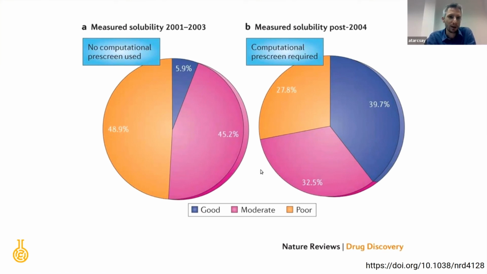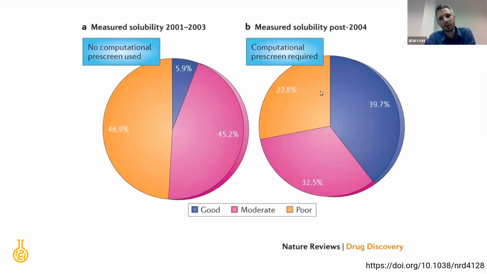At AstraZeneca, in the early 2000s, no computational pre-screening was required for solubility. And that was the result of what chemists made: in nearly half of the cases the compounds had poor solubility. And solubility is measured before any biological activity measurement, so these compounds could not be measured in some of the cases.